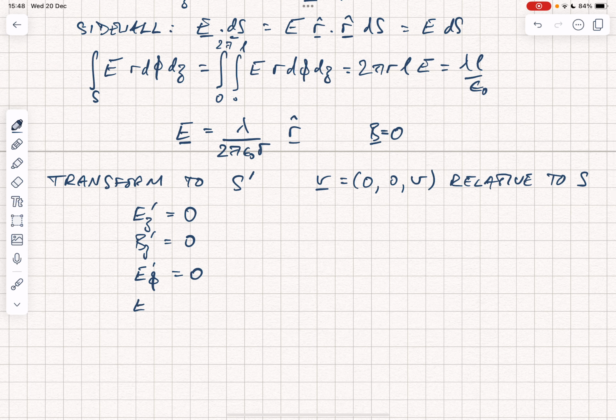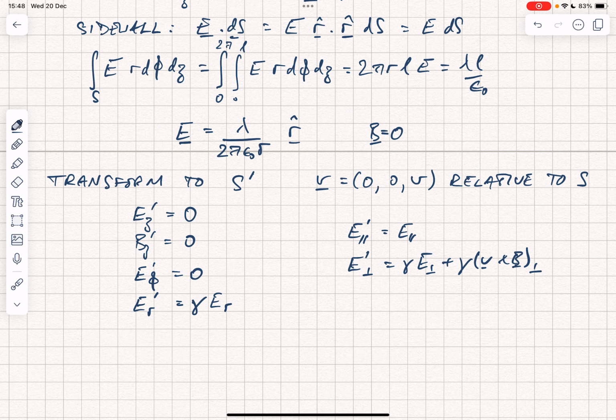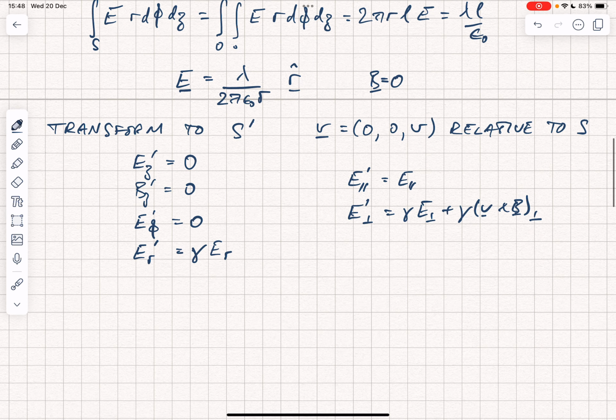So the only component of E prime that we worry about is in the radial direction, and that's going to equal gamma E_r, because remember we have E prime parallel is E parallel, and E prime perpendicular is gamma E perpendicular plus gamma V crossed with B perpendicular. So that's the only bit that we need. That's given us the whole of E.